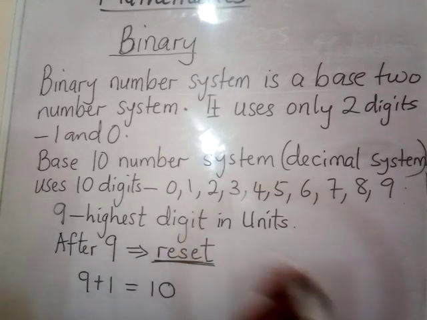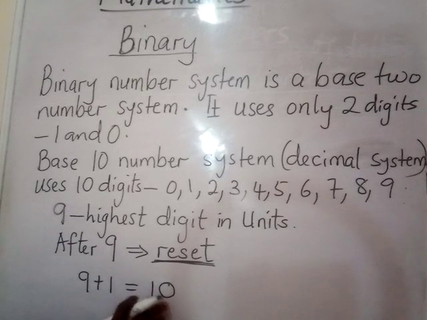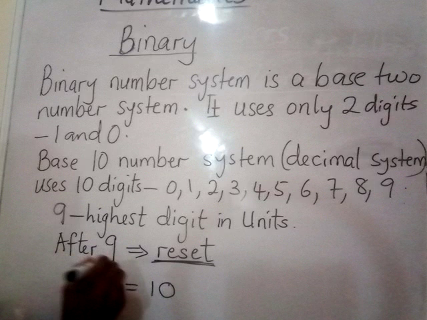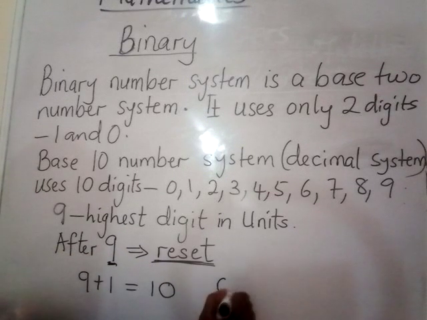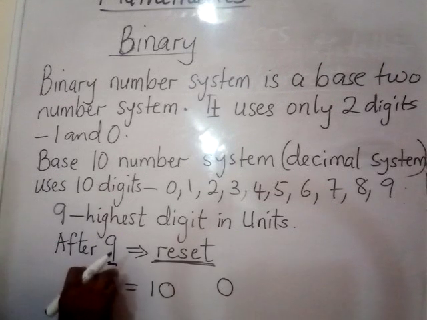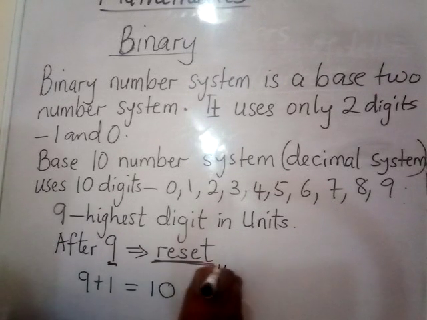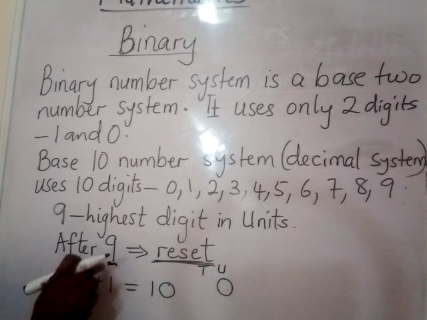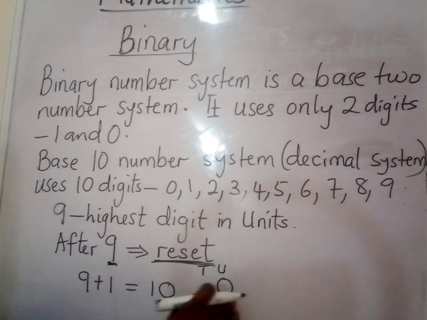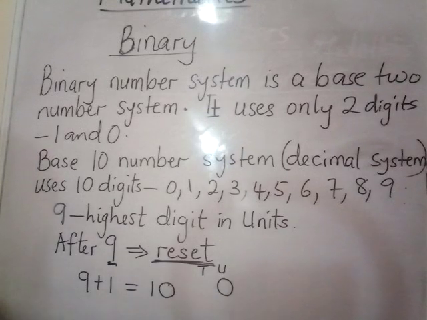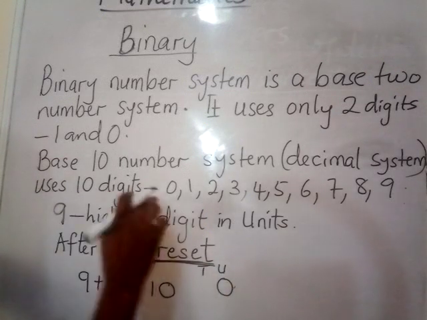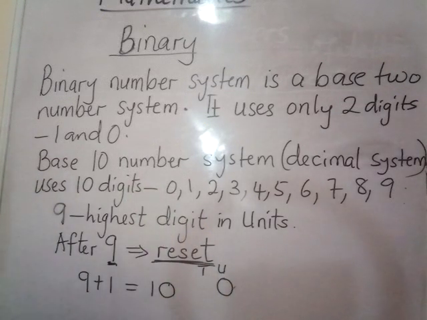When we get to 9, the next number is 10, 1 and 0. Why is it 10? We are resetting this unit side to 0 because there's no other symbol to represent it anymore. The unit end, remember unit and tens, has reached the point of the highest number and it can't go further. So it has to reset to 0, which is the least digit amongst them.